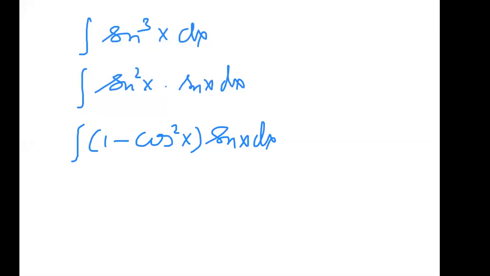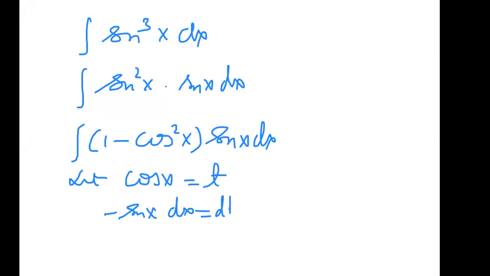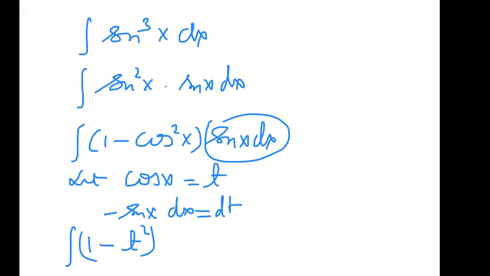Now let sine x equals to t, sorry, cos x I need to suppose. Let cos x equals to t. The differentiation of cos x will be minus sine x dx, which equals dt. Let us put these values. 1 minus t square. The value of sine x dx will be minus dt, minus is going on the other side.